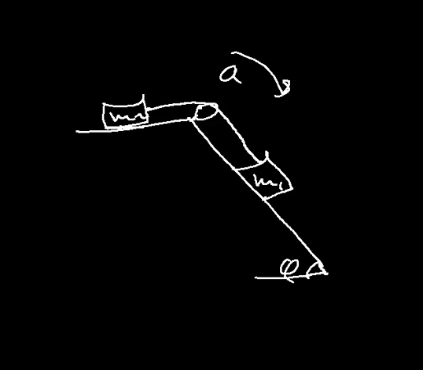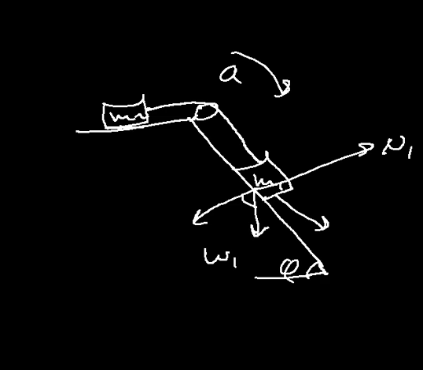The principle remains the same. For this case, we have to analyze the forces. That is weight 1, and that is normal force 1, and that is angle theta. We'll have the weight 1 cos theta, and that is weight 1 sin theta, of course.